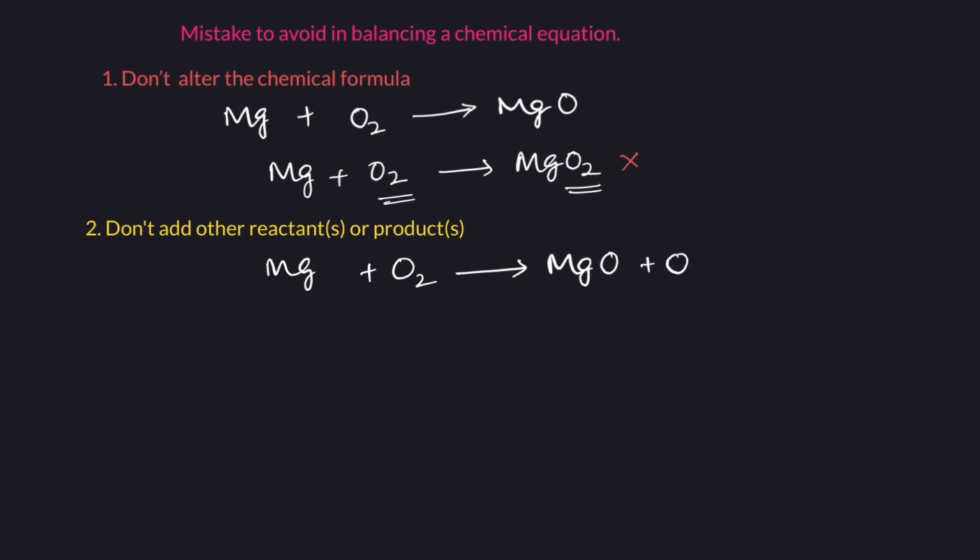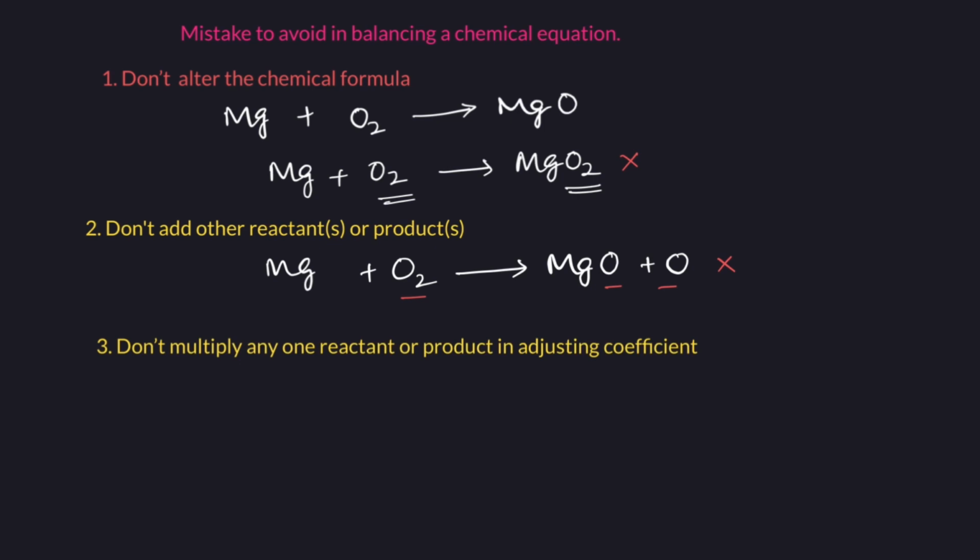This is not acceptable, because now 1, 1, 2 oxygen balanced, magnesium balanced. This is not at all acceptable. Whatever the formulas are there, they will remain. So don't add products or reactants to balance the equation. Whatever the statement given, according to the statement only we have to balance.